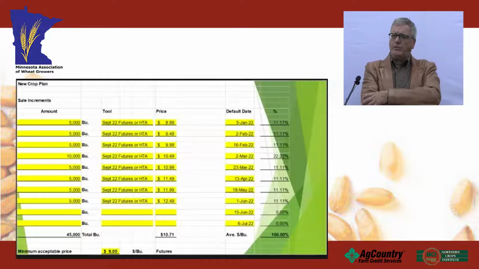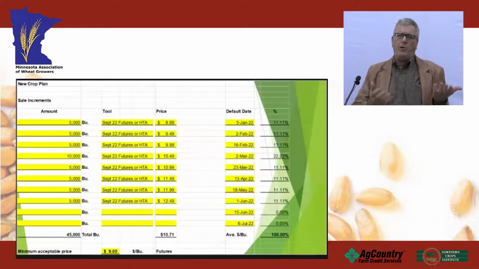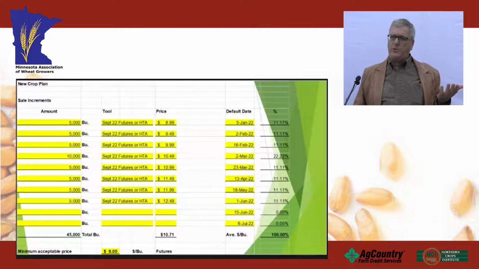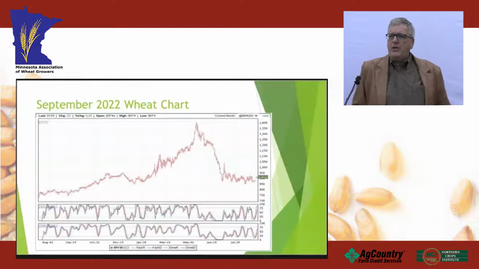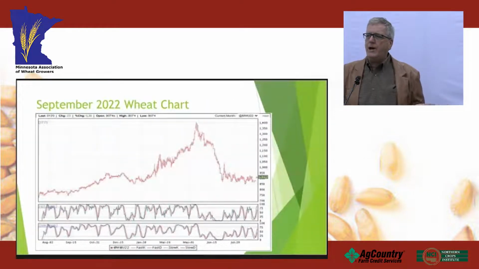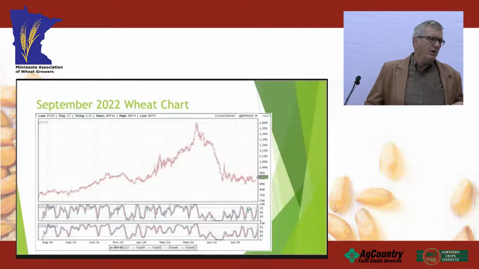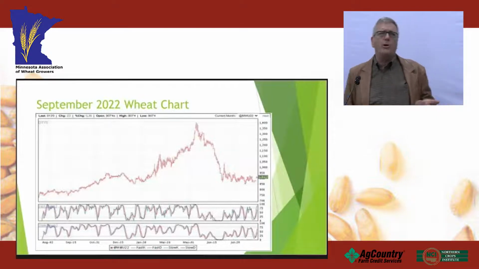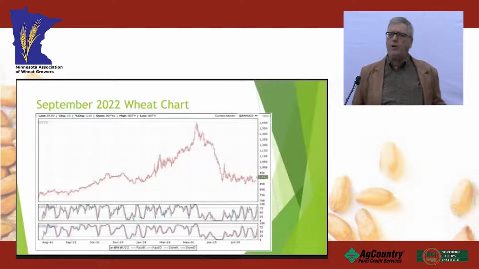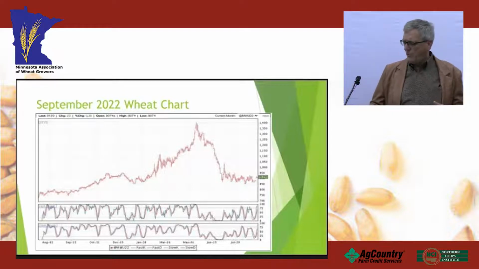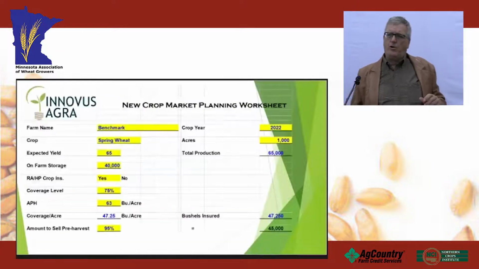And what you'll notice is we started, or at least we wanted to start marketing at $8.99 futures. So if we go back to our first chart, you'll notice that back in December, we were at about $8.50 a bushel when this plan would have been developed. So we were looking at somewhere around a 40 to 50 cent increase before we were comfortable starting to sell wheat.